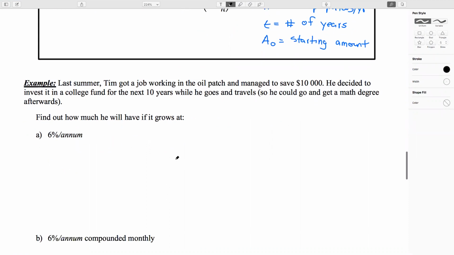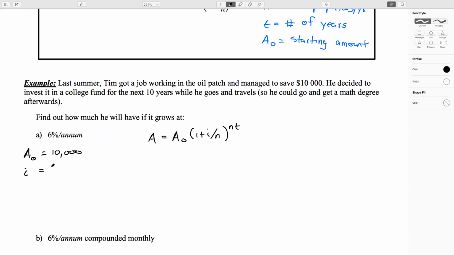Okay, so we're going to start by writing our base equation. A equals A naught times 1 plus i over n to the power nt. We're going to list out our variables. Tim had an initial investment A naught of $10,000. He is earning an interest rate of 6%.